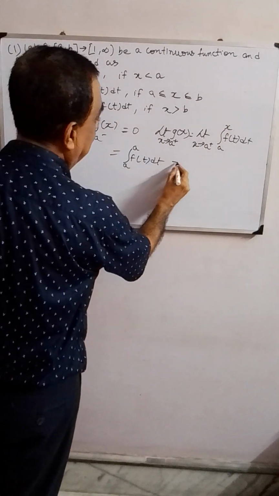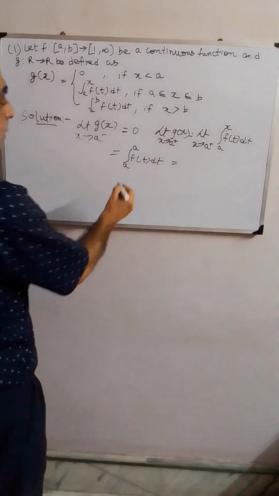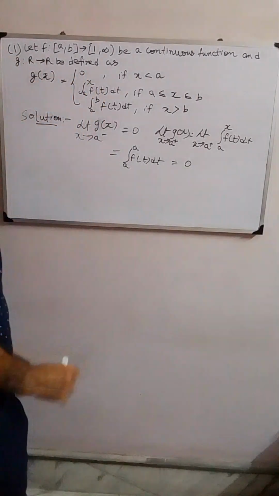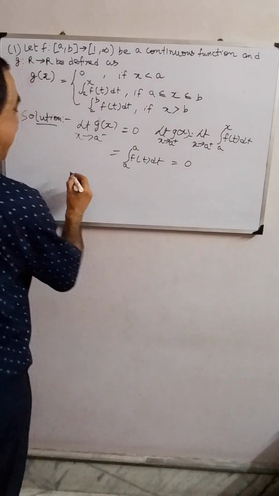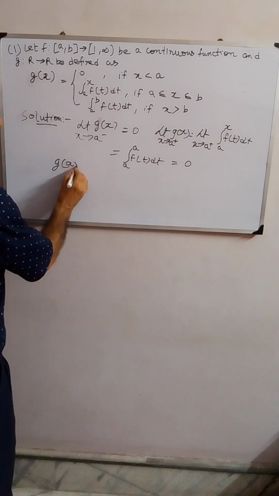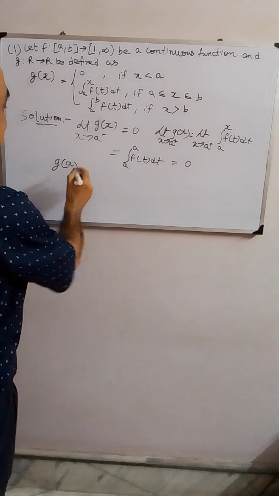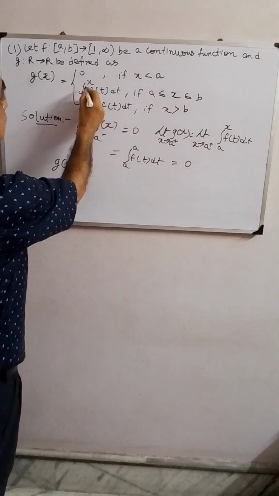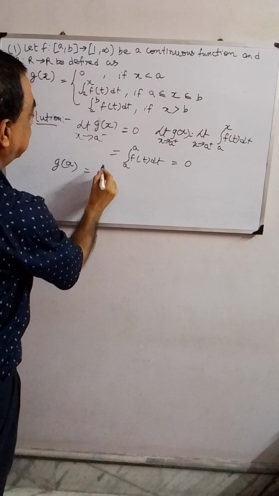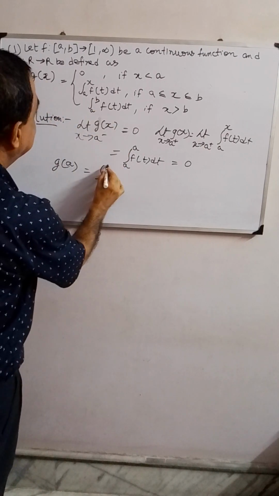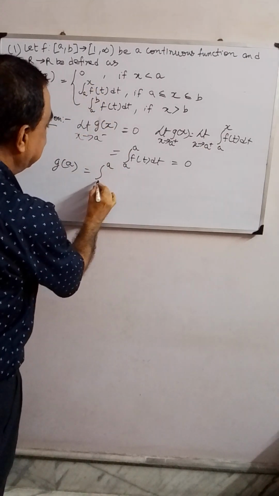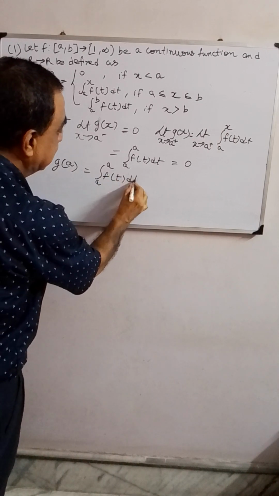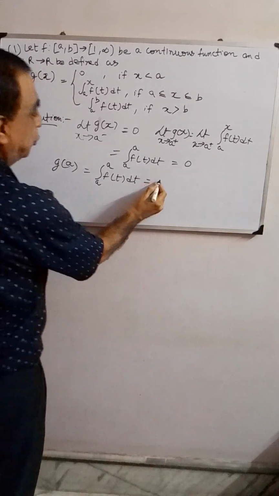Both upper and lower limits are the same, so its definite integral will be equal to 0. And g(a), when the x value is equal to a, is the integral from a to a of f(t) dt. So this is also equal to 0.